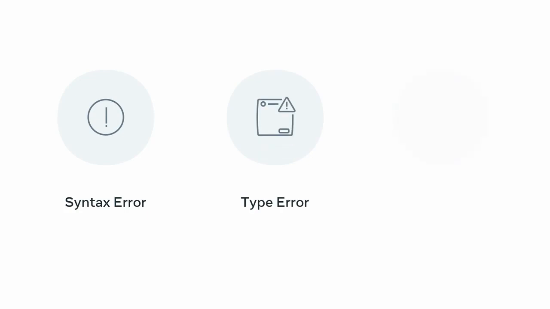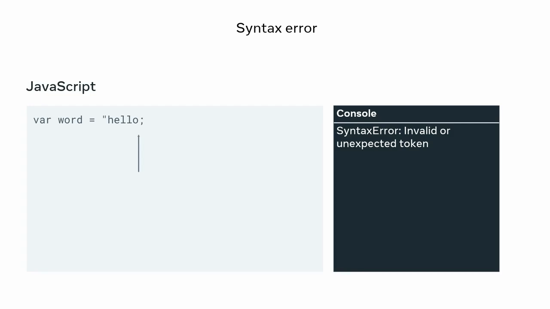In JavaScript, there are many error types, and some of the most common are syntax error, type error, and reference error. You have just learned about reference error, so let's explore syntax error and type error briefly now. A syntax error occurs when you write a piece of code that JavaScript cannot read.